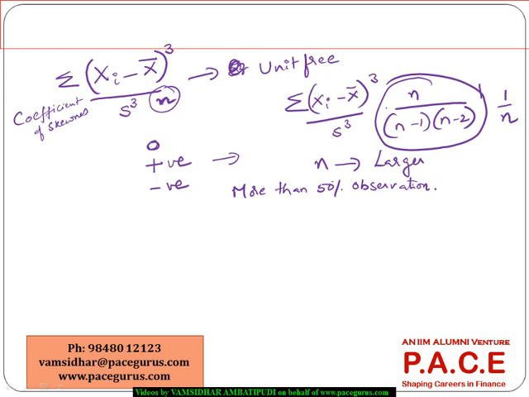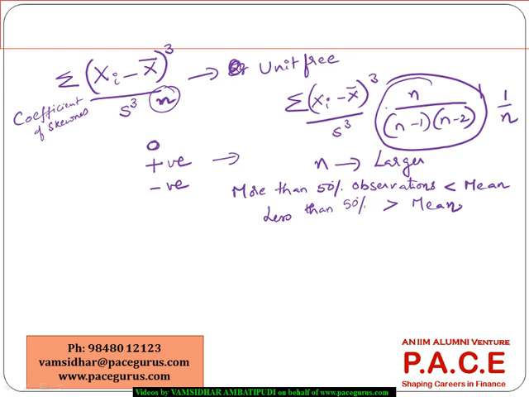So the median is towards the left of the mean, which means more than 50% of the observations are less than the mean, and less than 50% of the observations are above the mean. Similarly, in case of a negative skew, the opposite can be visualized.